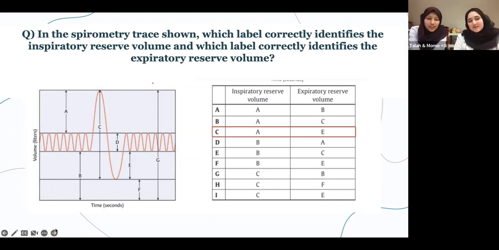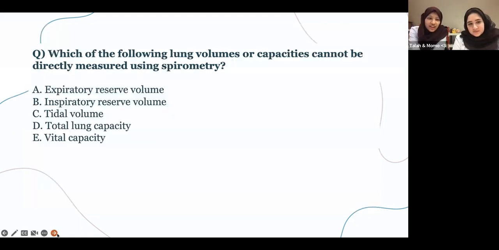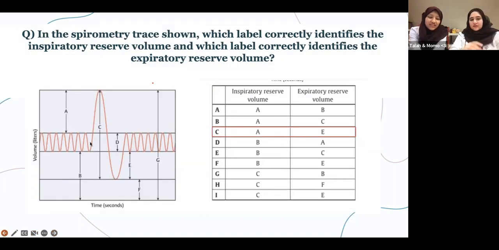Because there's a graph after this that explains all the volumes, but essentially the one you see here is the tidal volume. It's the one you normally breathe in and out, and that's D, right? Once you inspire air, the volume increases.